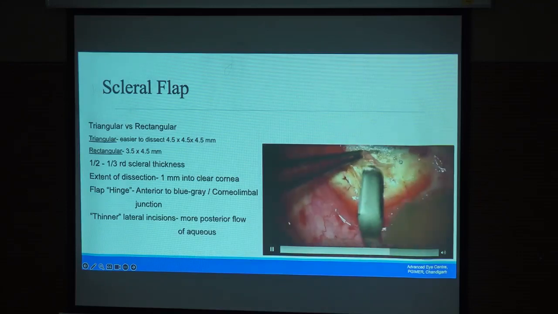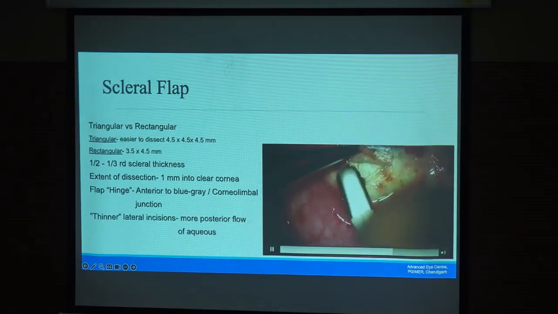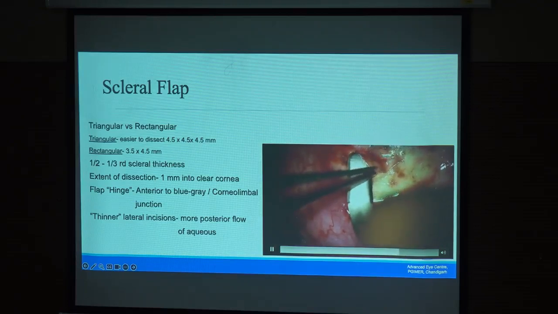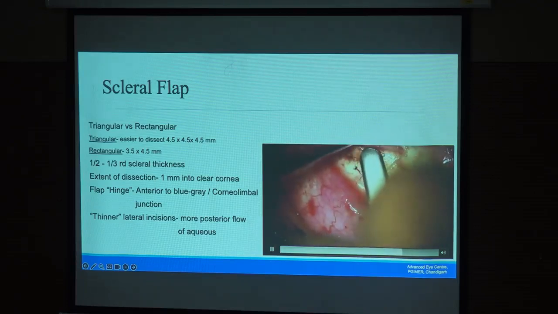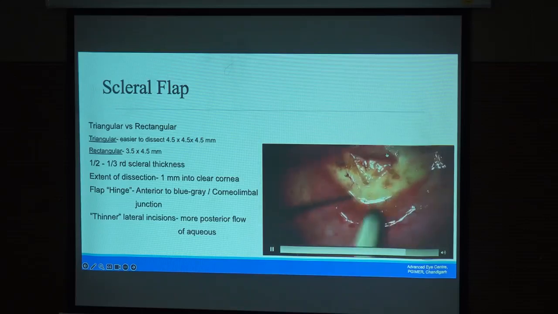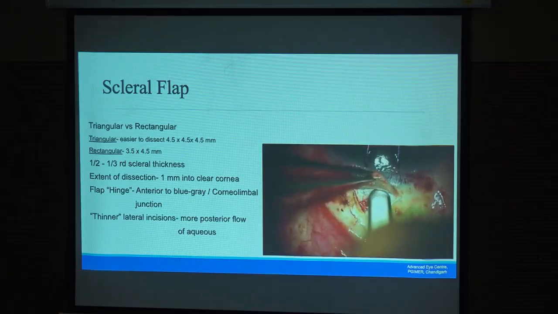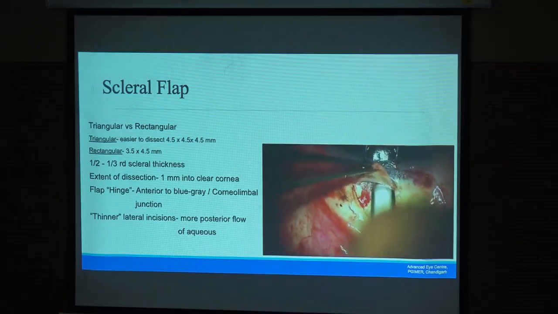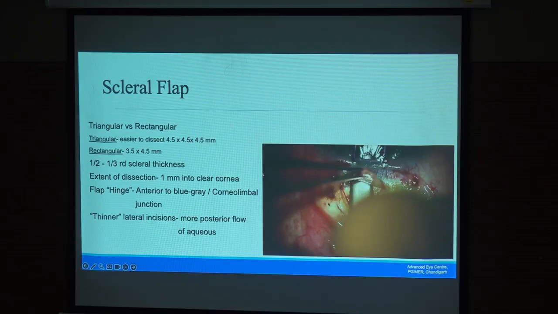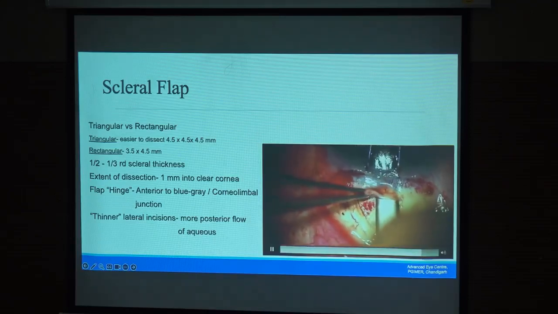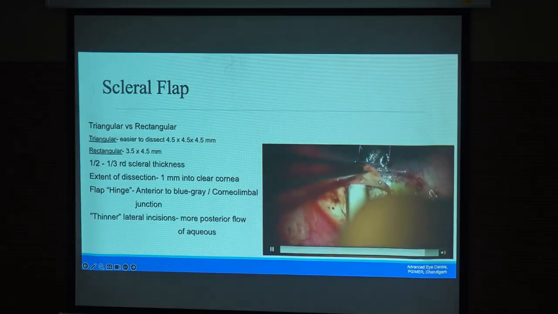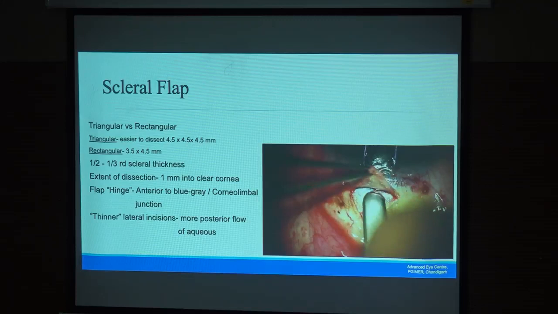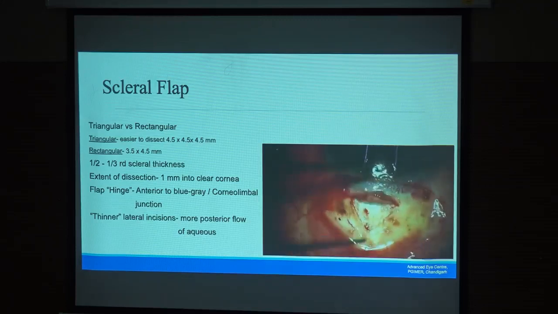The side incision should not go till the limbus. Once the dissection becomes parallel to the side incision, go slightly more anteriorly into the clear cornea as we do during an SICS incision. So the anterior part should be like a tunnel, at 1/3 to half of the scleral depth.